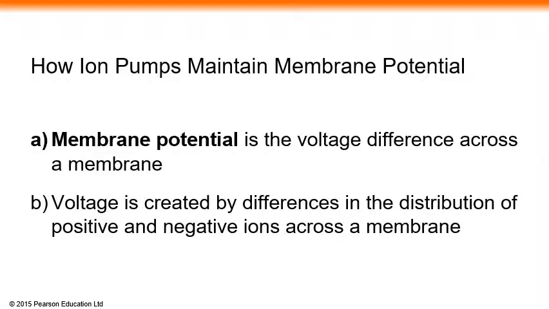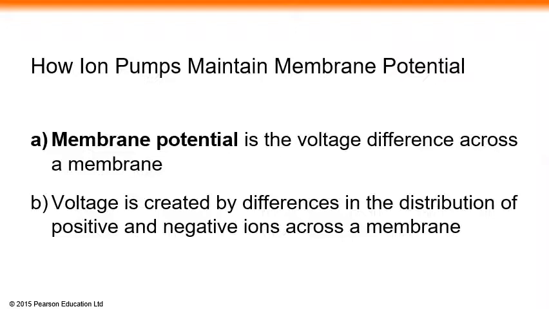For diffusion through the membrane, especially for ions, plus ions and minus ions, we have to add one more factor that affects that transport. One thing is what we call membrane potential. That's the voltage difference across the membrane.